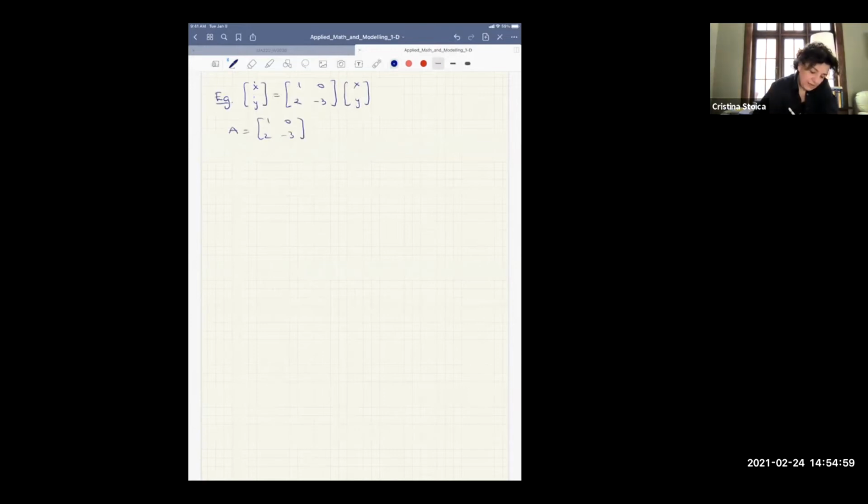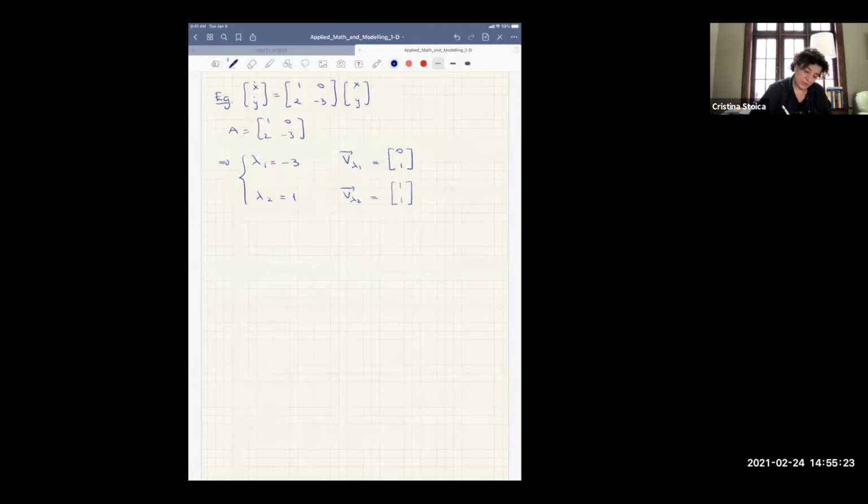And then we end up with lambda 1 to be minus 3, and V lambda 1 is 0, 1. And lambda 2 to be 1, and V lambda 2 to be 1, 1. Okay. And I'm going to slow down with my explanations, actually.